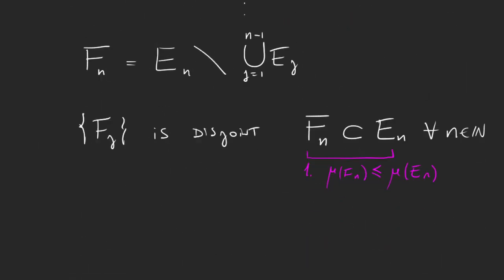So let's continue with the proof. We have these two properties for the new sequence of sets F sub j. Now another property is that the union of the F sub j's is equal to the union of the originals. Okay, so we have these three properties for our new sequence F sub n.